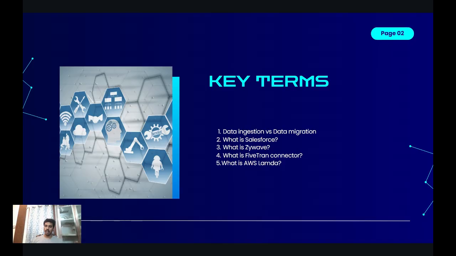So data will be moved from the source to destination in a repeated fashion over a particular time period or based on an event. Whereas data migration is a one-time lift and shift of data from one place to another. It can be anything like an AWS S3 bucket or Azure data lake storage, or it can be Databricks, or it can be GCP, or it can be Snowflake. So it can be anything, and that is the difference between data ingestion and data migration.